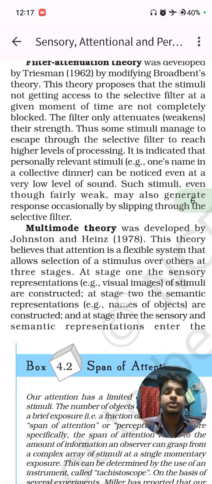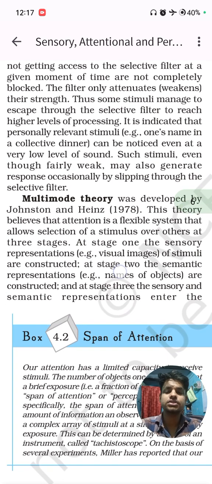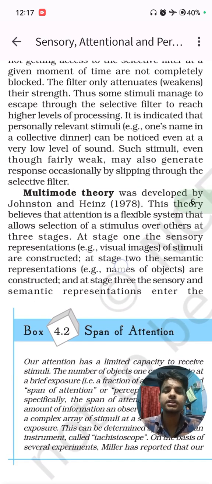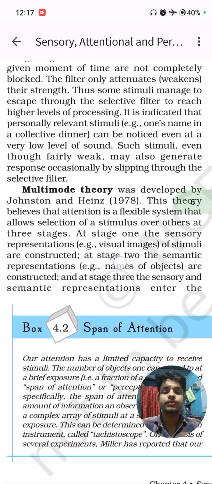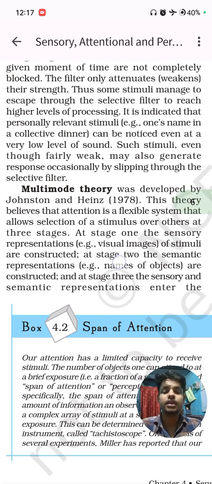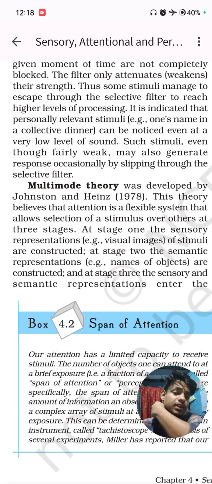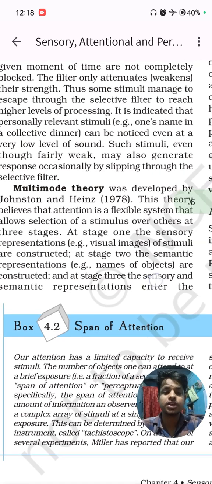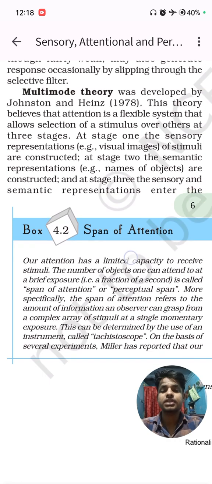Thus, some stimuli manage to escape through the selective filter to reach a higher level of processing. It indicates that a personally relevant stimulus, for example one's name, can be noticed even at a very low level of sound. Such a stimulus, even though fairly weak, may also occasionally generate a response by slipping through the selective filter.